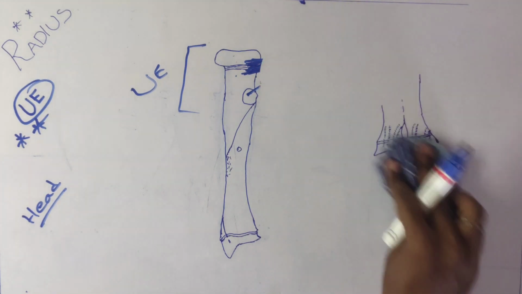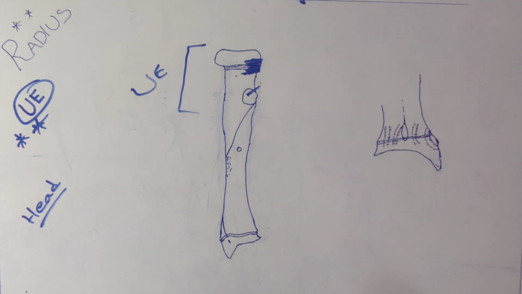Now we are going to discuss about the lower end of the radius. The lower end of the radius is the widest part of the bone.